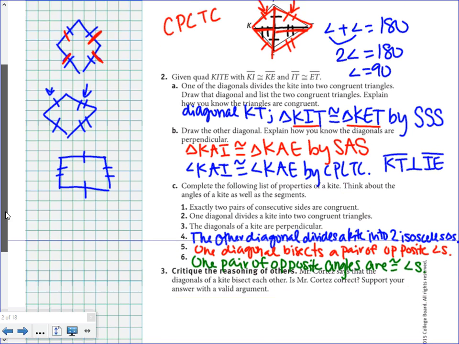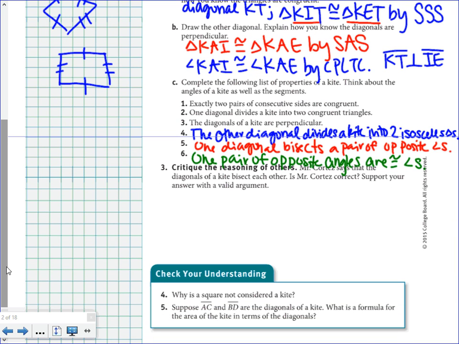You could also draw a kite on a coordinate grid. And so I'm just making up some points here.